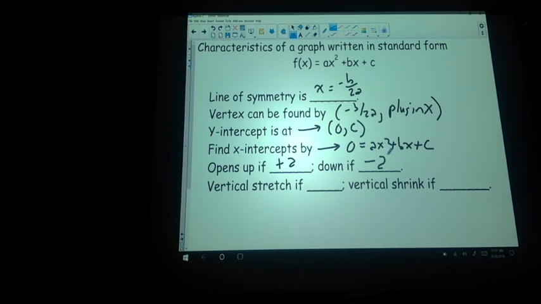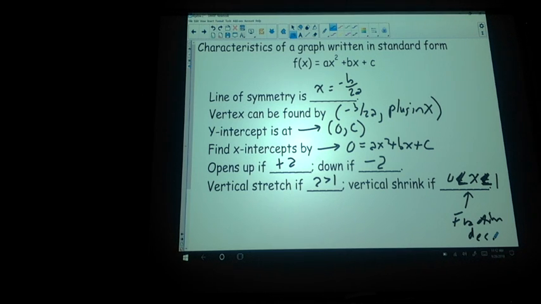The vertical stretch if a is greater than 1, and then vertical shrink if a is less than 1, so again, it's a fraction or a decimal that's between 0 and 1. Everybody okay?